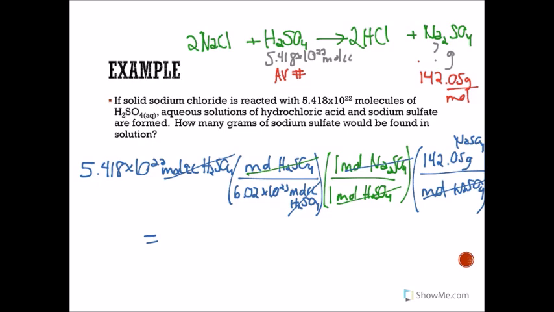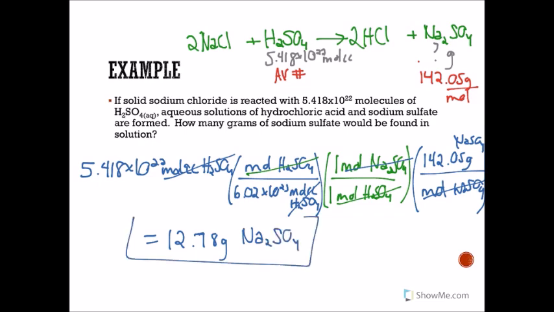If I divide that by 6.02 times 10 to the 23, I end up getting 12.78 grams to 4 significant figures. I need to write 12.78 grams of sodium sulfate, Na2SO4. There you go. All done.